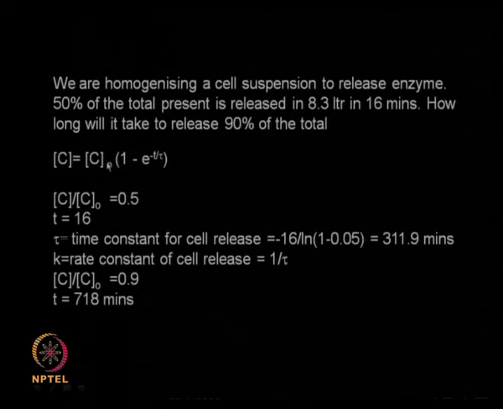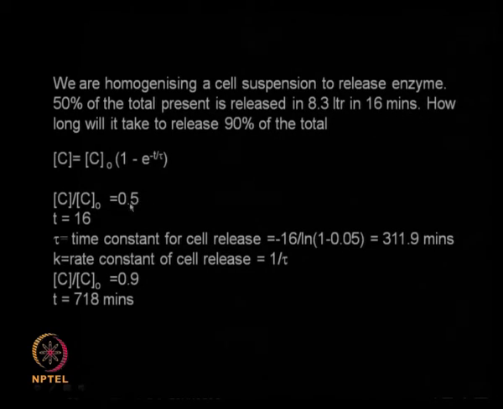C equal to C naught multiplied by 1 minus e raised to the power minus t by tau. As I said, tau is the release constant, C naught is the maximum amount that is present inside the intracellular region. Now the data that is given is that 50% of the total present is released in 16 minutes, okay.